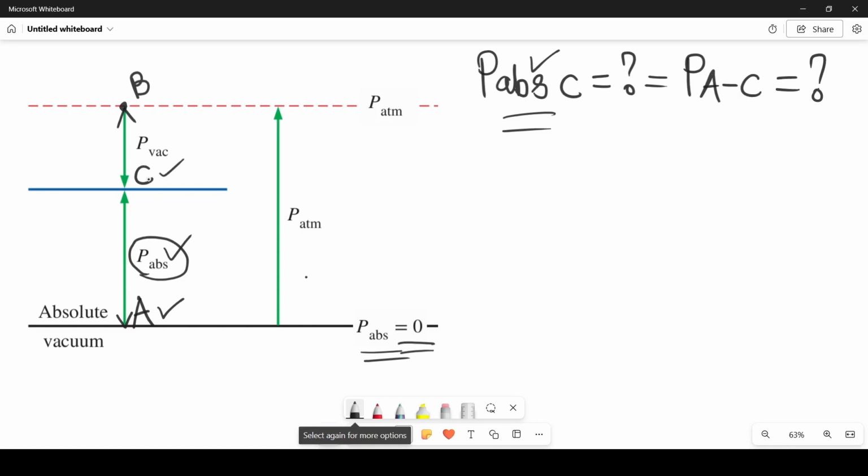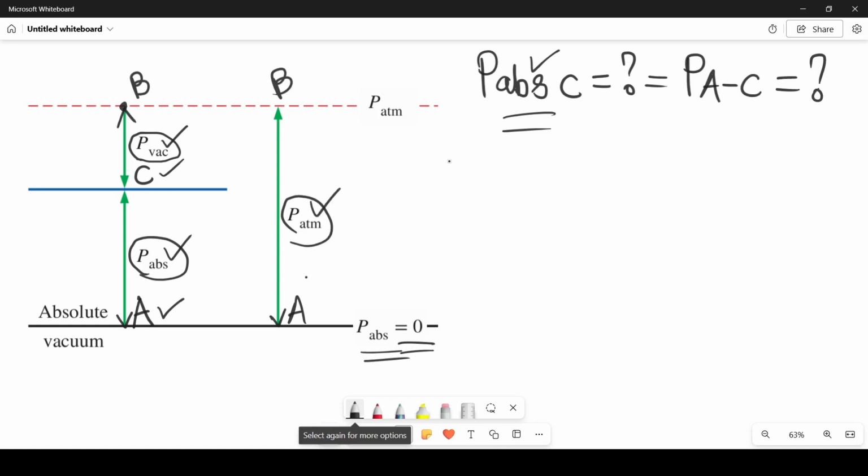From point C to point B, we know that it is the vacuum pressure at point C. And if we measure pressure from point A to point B, it gives us the atmospheric pressure.